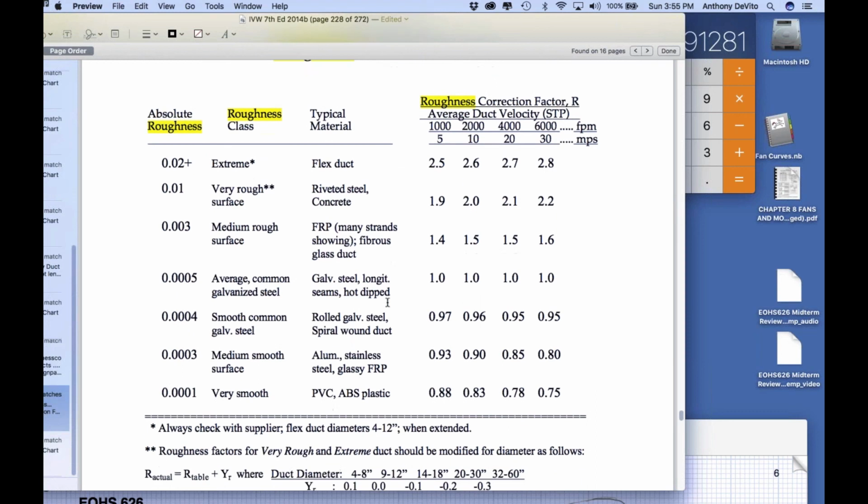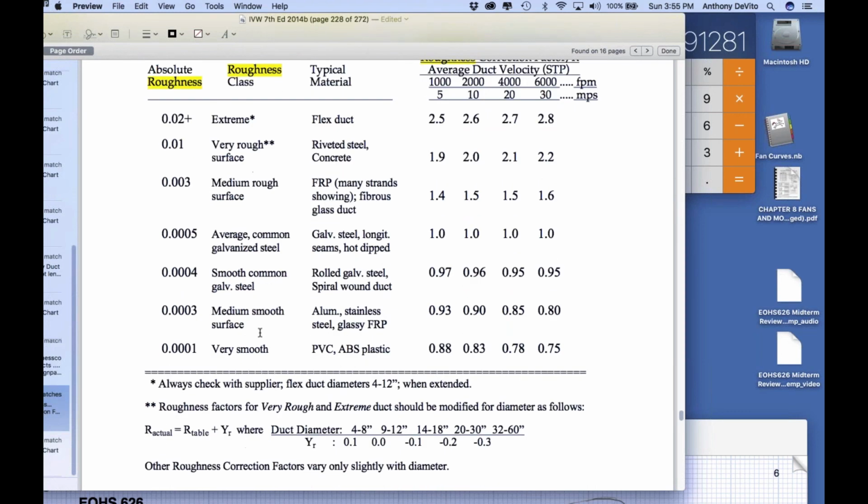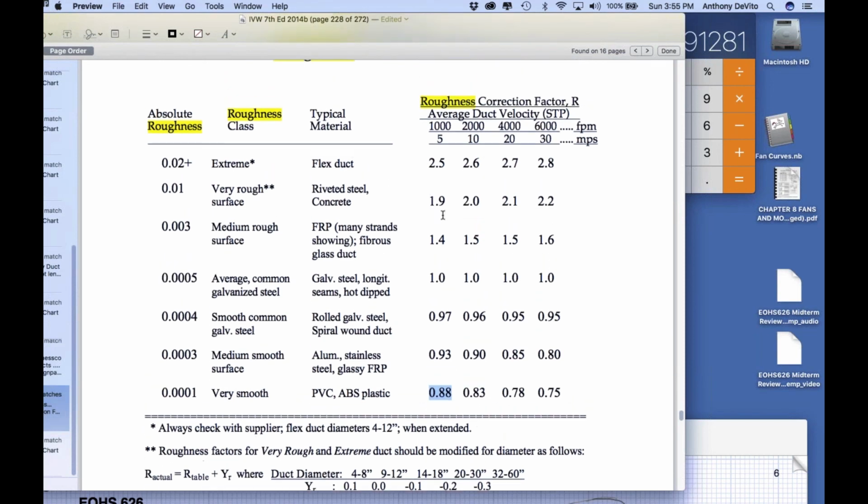Now if we're using a different kind of ductwork, such as a very smooth PVC pipe, we multiply that K factor by 0.88 in the neighborhood of 1,000 feet per minute, or we multiply it by 0.75 if we're at 6,000 feet per minute.